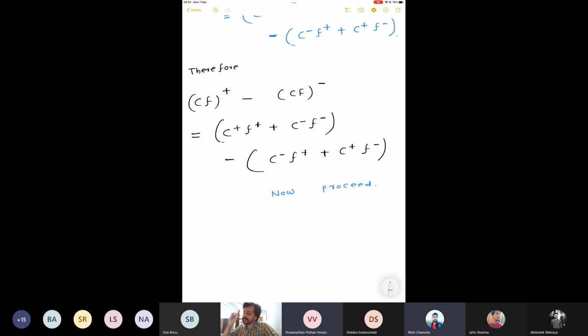Yes, sir. One thing you can do next is, the minus sign on the right-hand side, you can transpose to the left. So cf plus, c minus f plus, c plus f minus equal to, and so on.